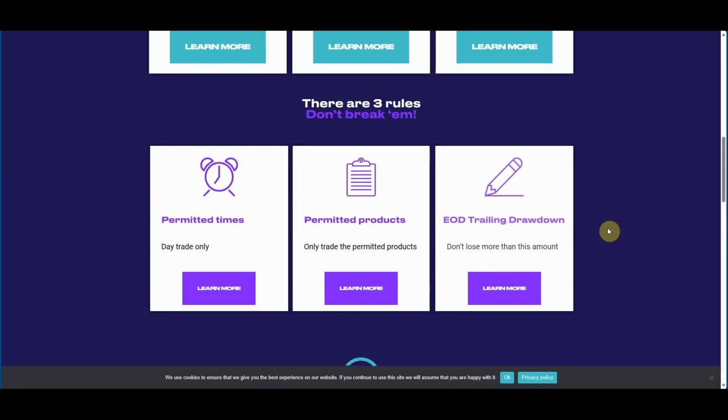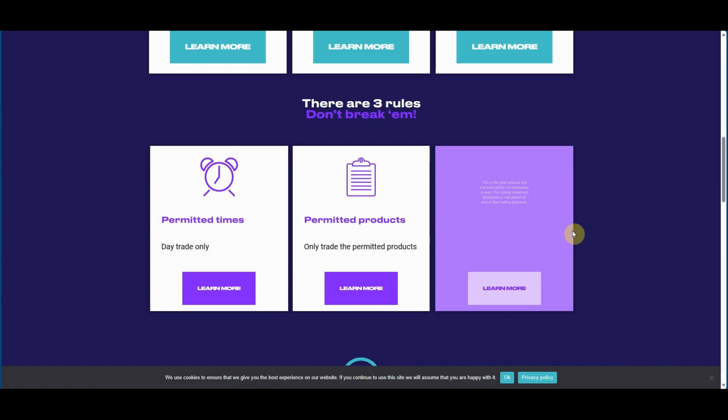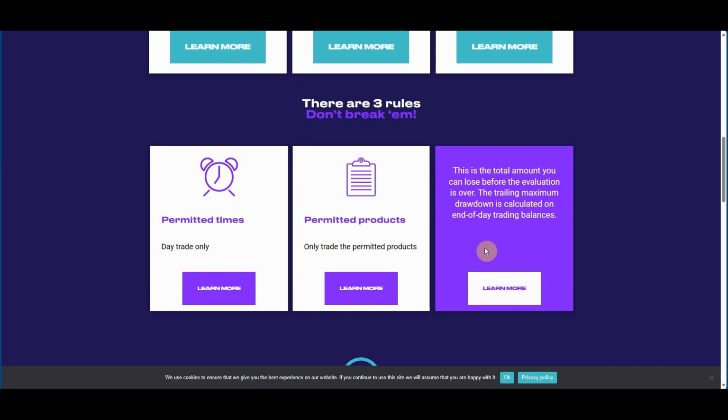End of day trailing drawdown. Don't lose more than this amount. In comparison, if you're familiar with Apex Trader Funding, the drawdown goes up with a live trade on that very day, which means that in Apex Trader Funding, your trade can push you out.